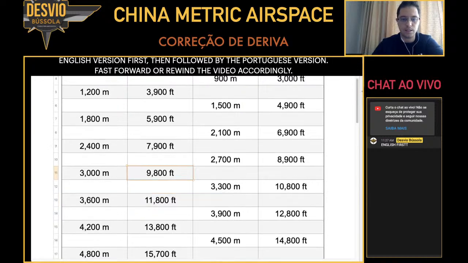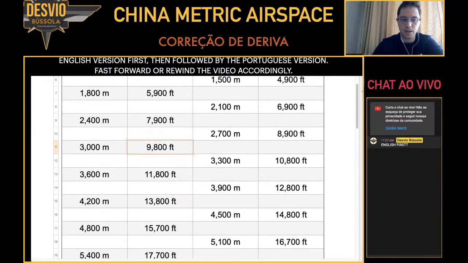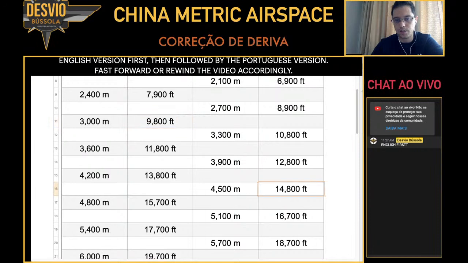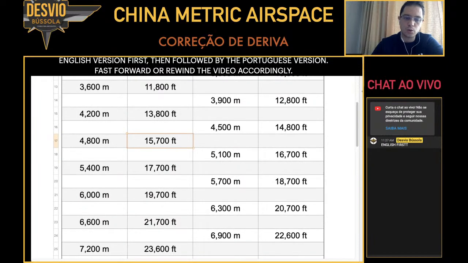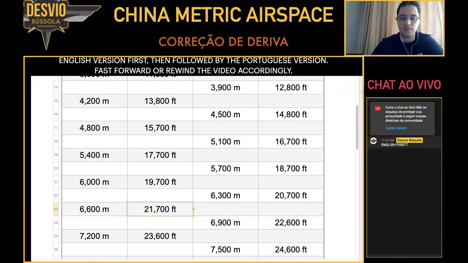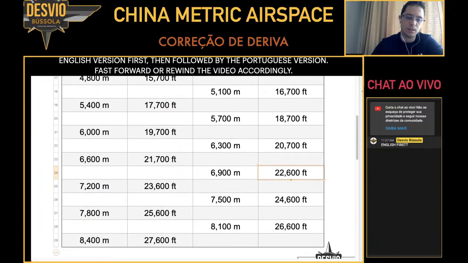9,800, and then it keeps like this with the end of 800 until 14.8, and then you have 15.7, then you keep 15.7 until 21.7, and then the next one is just 900 feet again, so you have 22.6, and you keep 22.6 until the end, 27.6.